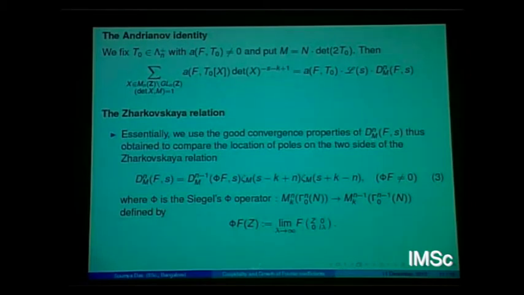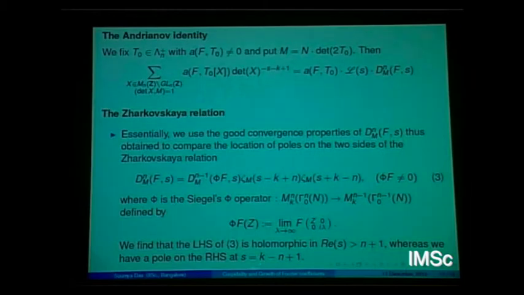And so what we find is that the left hand side of (3) is holomorphic in this half plane, and that's because of your very good assumptions on the Fourier coefficients, on the Dirichlet series. Whereas this zeta function will give you a pole, right? Essentially this is the argument, but one has to argue a little bit more too.